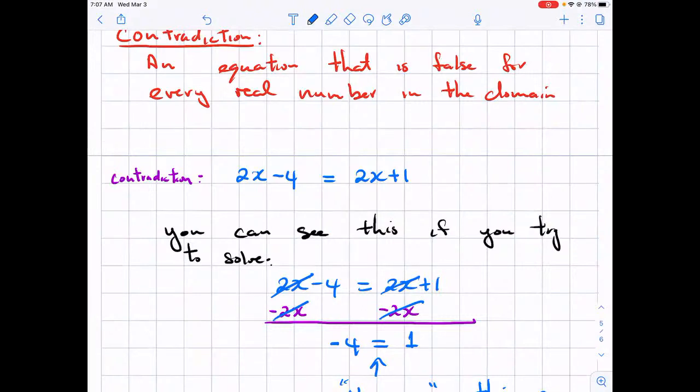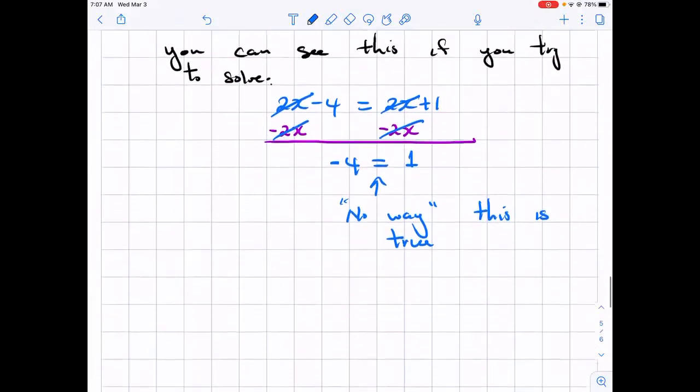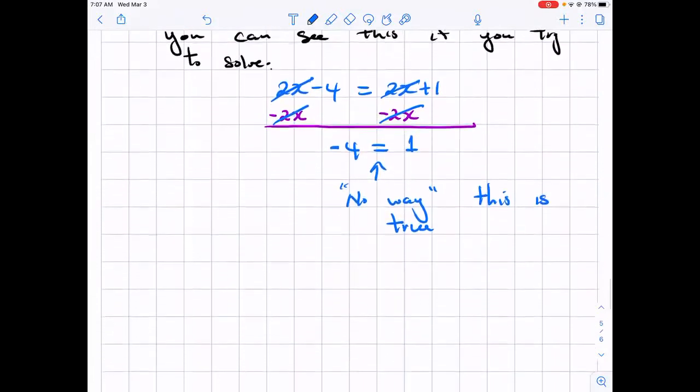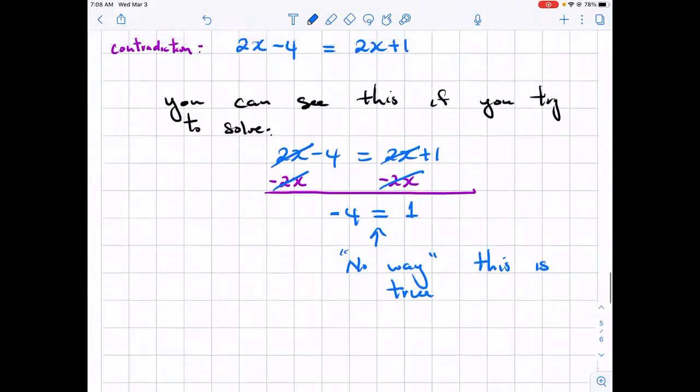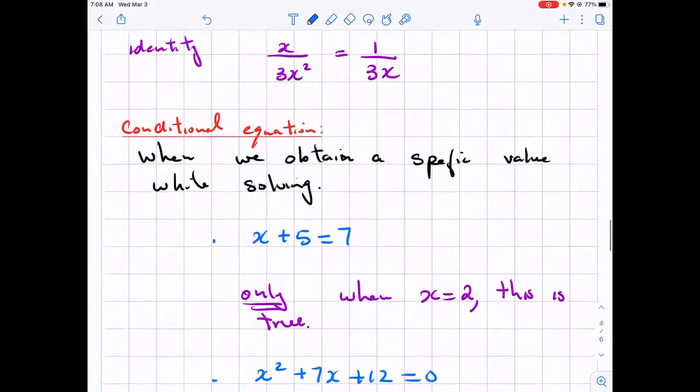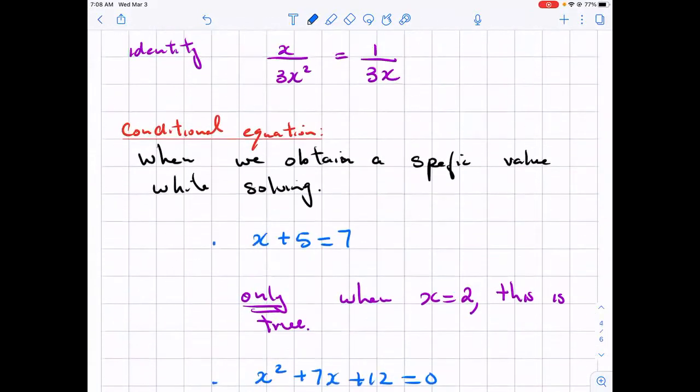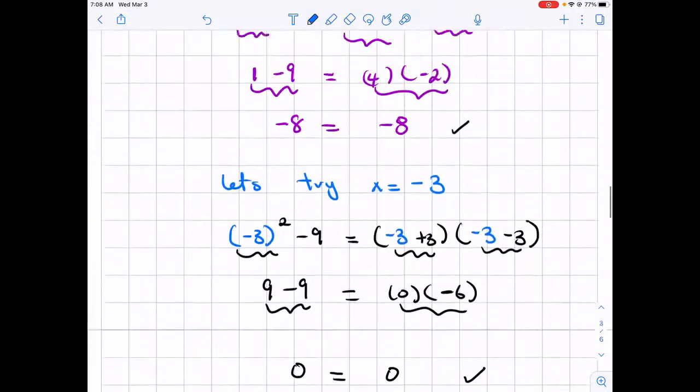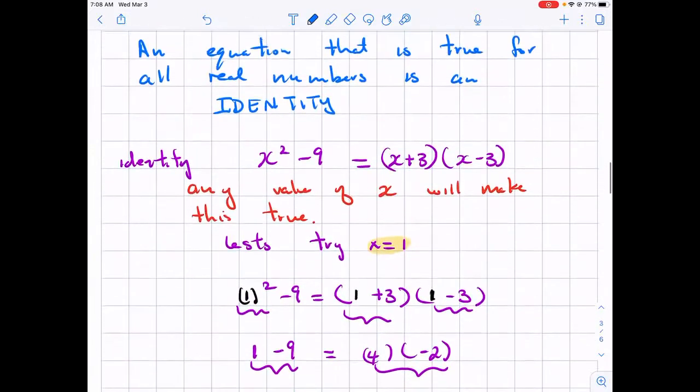It's not possible. So we see now that we can have three different possible answers. We can have a contradiction, over here a conditional equation, or over here an identity.